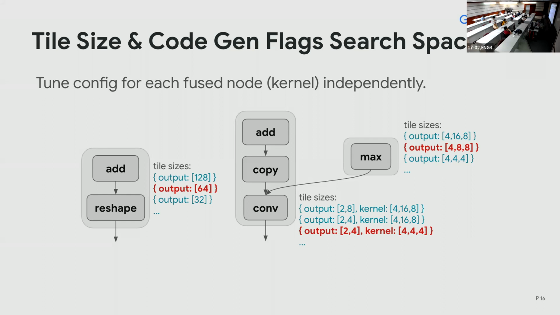And as I say, since we can tune each of the kernel independently, this problem becomes somewhat easier than the graph level. And for each of the kernel, we can also enumerate all possible choices, unlike at the graph level where the search space is exponential in terms of number of nodes and edges. For the kernel level search space, most of the time we can enumerate them all and do exhaustive search.